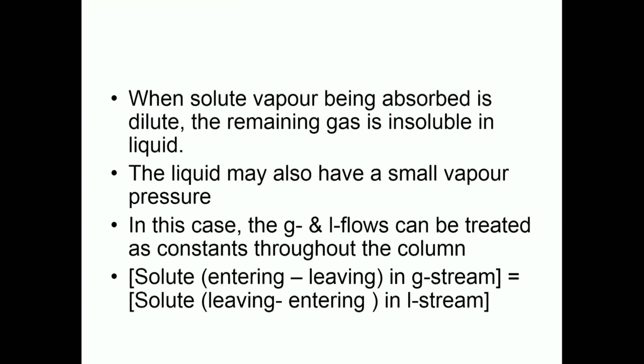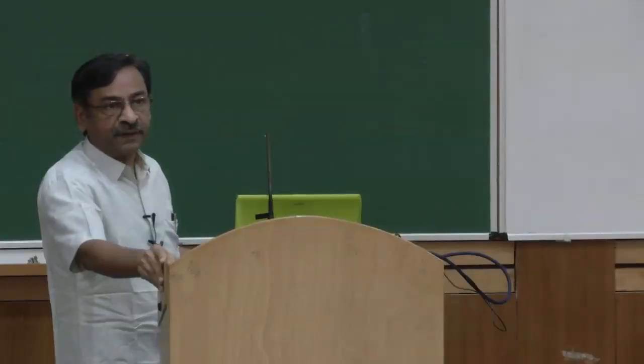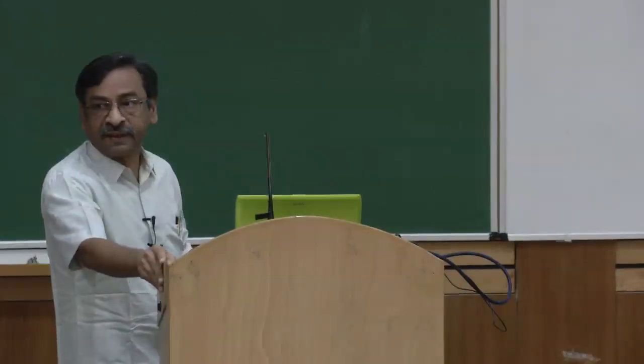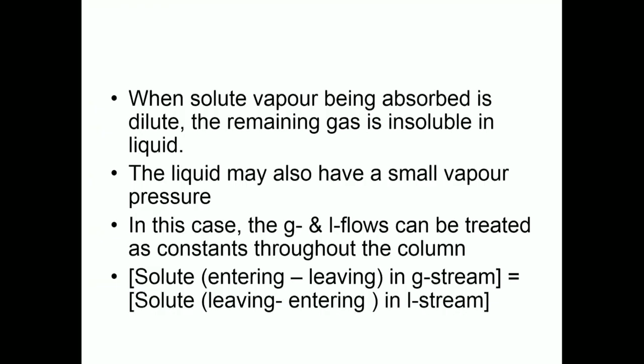That was our purpose, to remove the solute from the gas phase. That would be gained by the liquid, and the liquid will be richer at the bottom when it has absorbed solute like SO2, and it enters either pure or at a low concentration if it is recycled liquid. So, the solute leaving with the liquid stream minus solute entering in the liquid stream, this is what will complete the balance. What is lost by the gas is what is gained by the liquid.